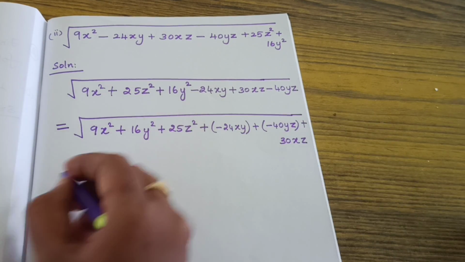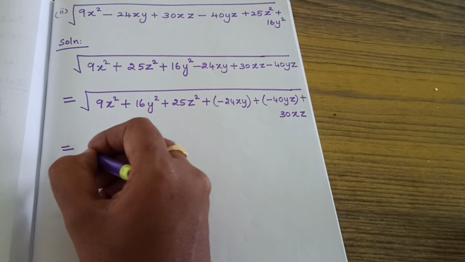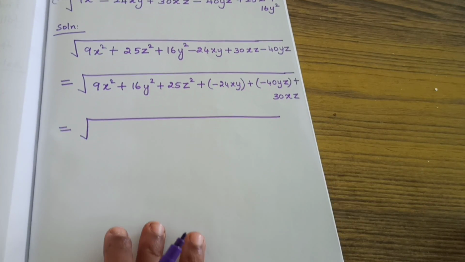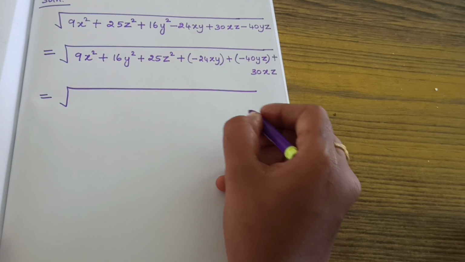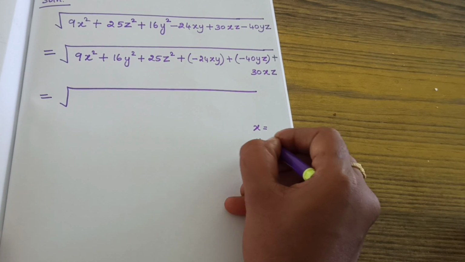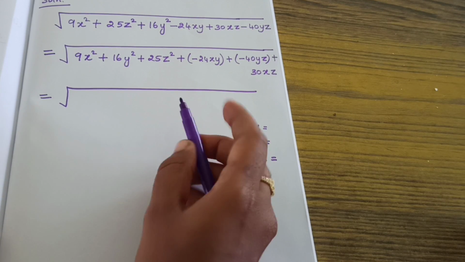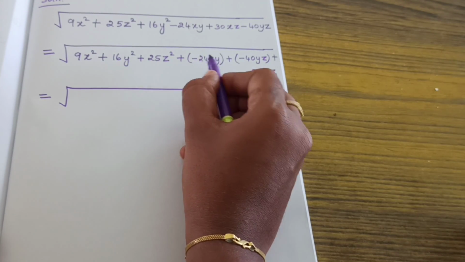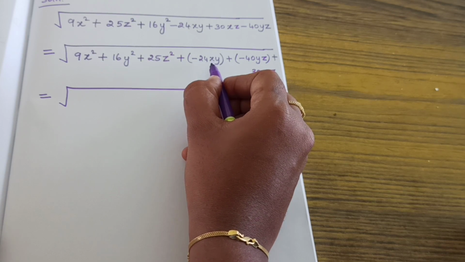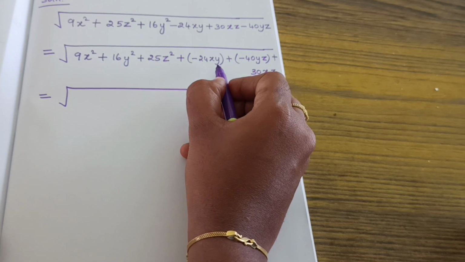which is equal to square root of, we should check for the sign. First we need to go for the sign, x sign, y sign and z sign. Listen here, x and y here contain minus. So, one term should be plus and the other term should be minus.